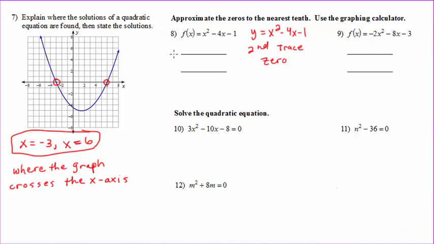So on 8, if you do that, you should get -0.2 and 4.2. It does ask us to round to the nearest tenth, so that's 1 decimal place.